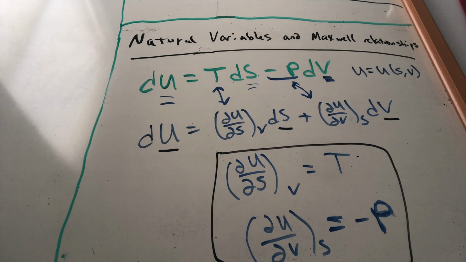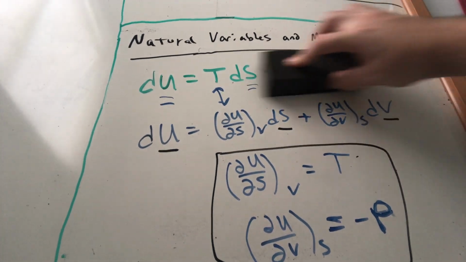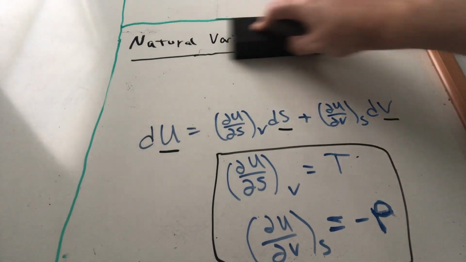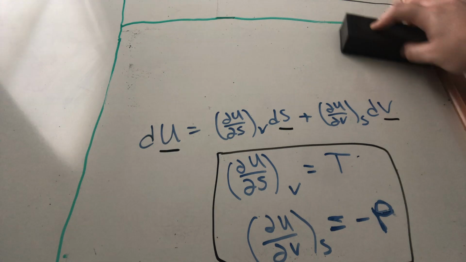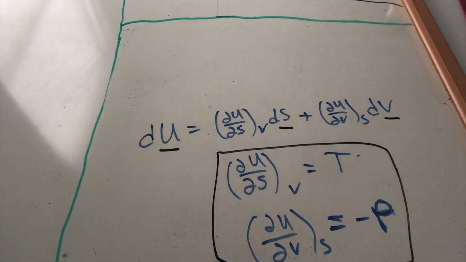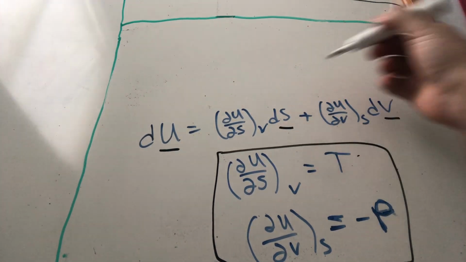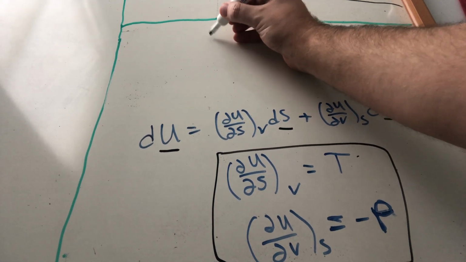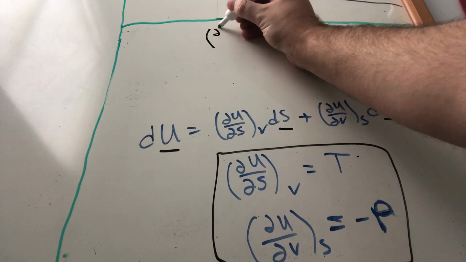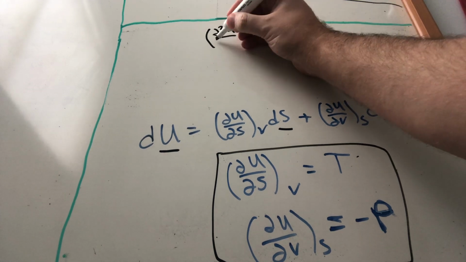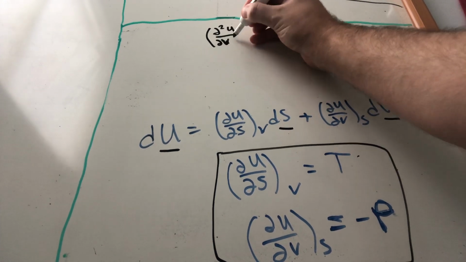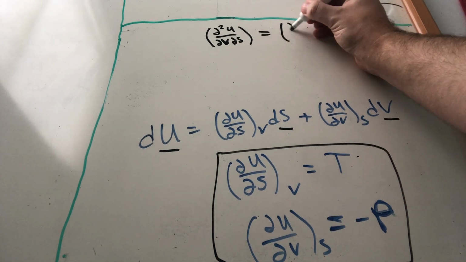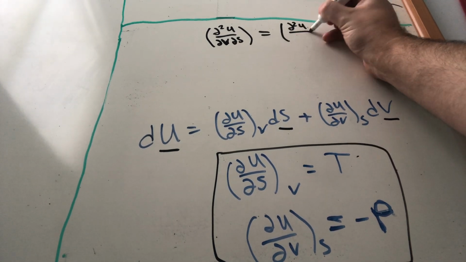Well, if we use ideas from earlier in the semester again, dU, we know, is a state function, right? So we know that the second derivative rule applies for U.